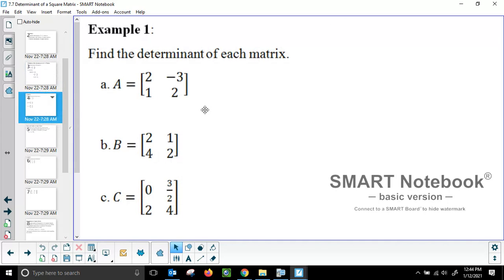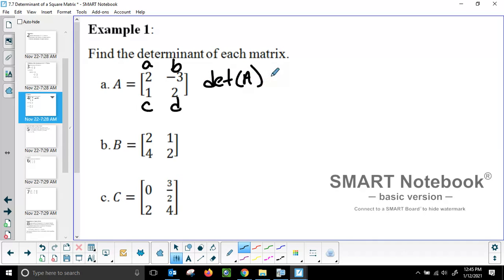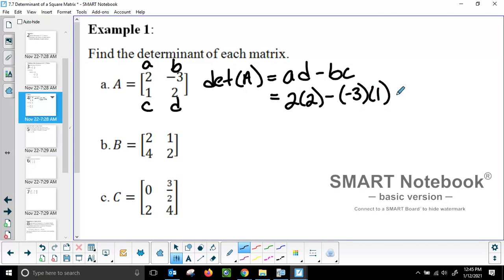So let's look at some examples here. It says to find the determinant of each matrix. This would be A, B, C, and D. The determinant of matrix A, which is how you would see me write it, is equal to A times D minus B times C, which in this case is going to be 2 times 2 minus negative 3 times 1.